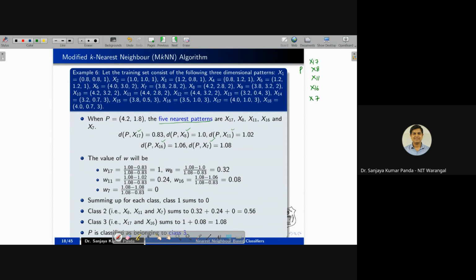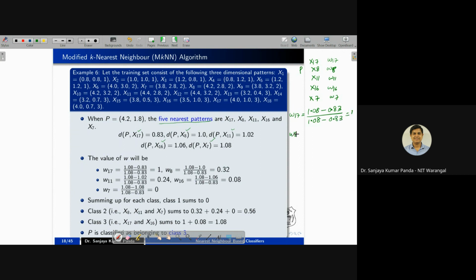Now, if I want to calculate the weight value, which I call W17, W8, W11, W16, and W7, in order to calculate W17, what will you do? It is nothing but the maximum distance, that is 1.08, minus the current distance 0.83, divided by the maximum distance minus the minimum distance. So you will get 1.